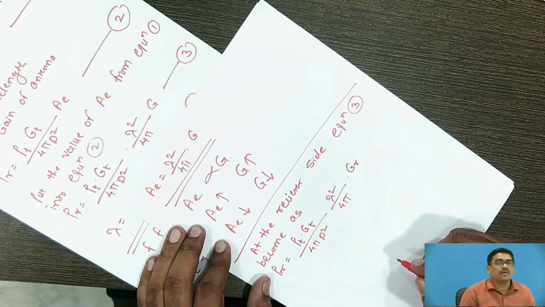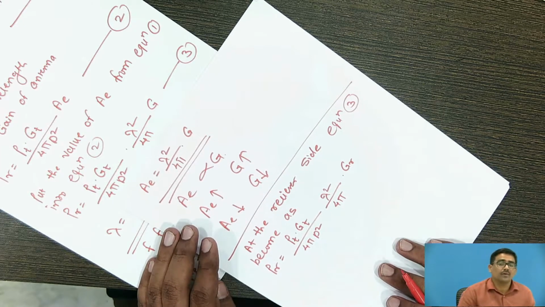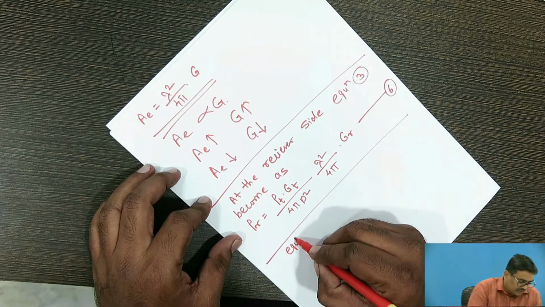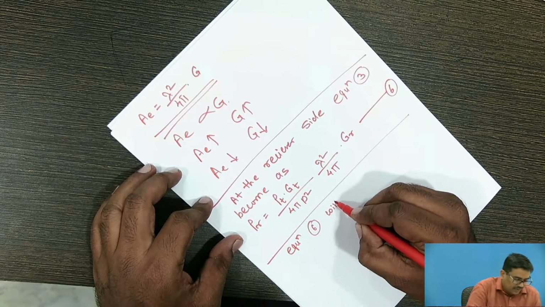This is the received power. This is equation number 6.